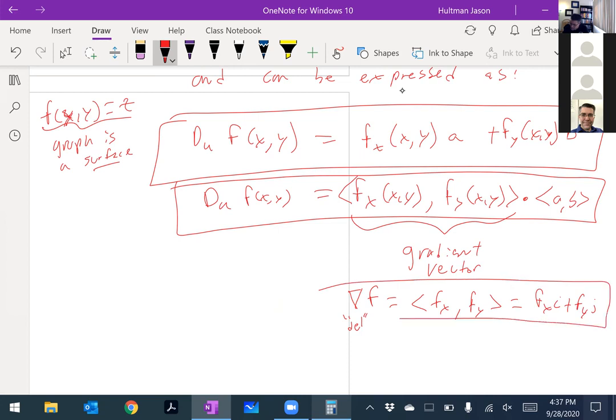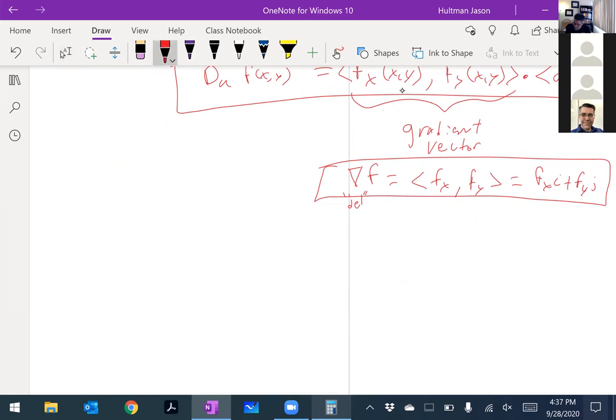That's del. We'll come back to this a little bit later, but just know that you can write it like this. That's called the gradient vector, del.